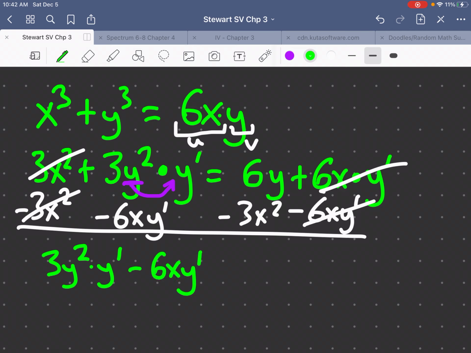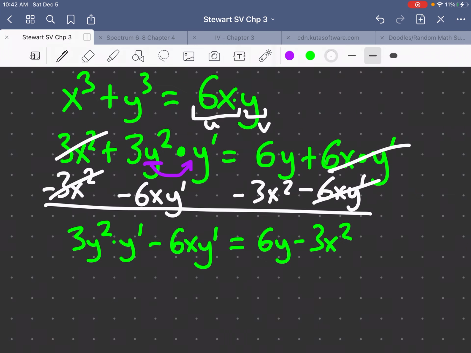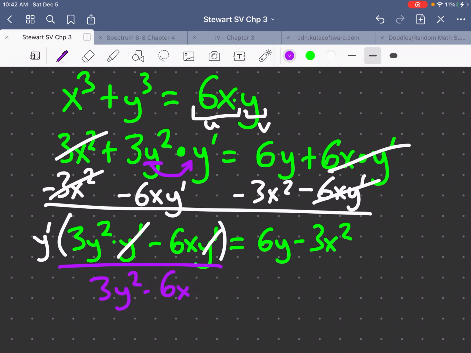So we've got 3y squared y prime minus 6x y prime equals 6y minus 3x squared. Now, what I said is that I'm going to factor out a y prime. So factoring out a y prime, that goes away. And then I can divide both sides by 3y squared minus 6x.